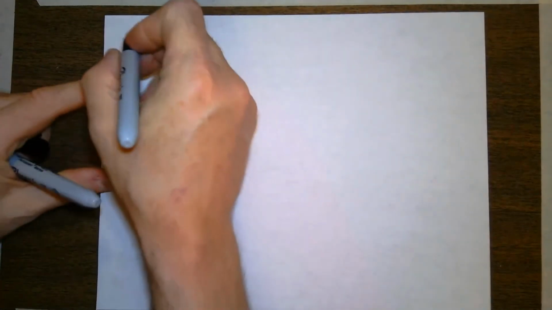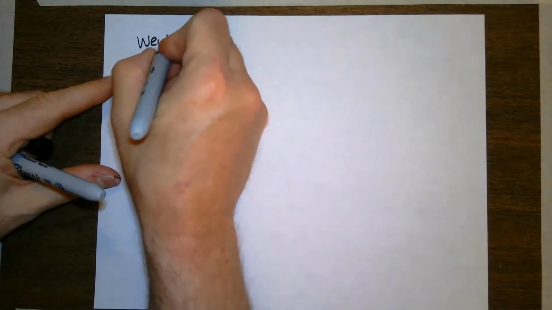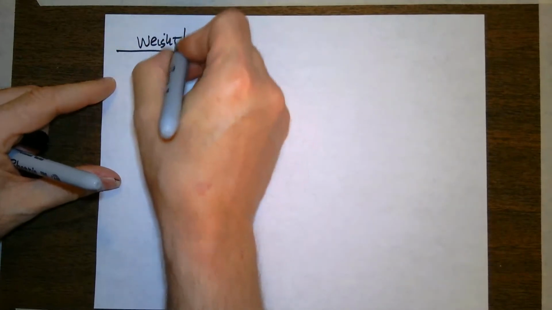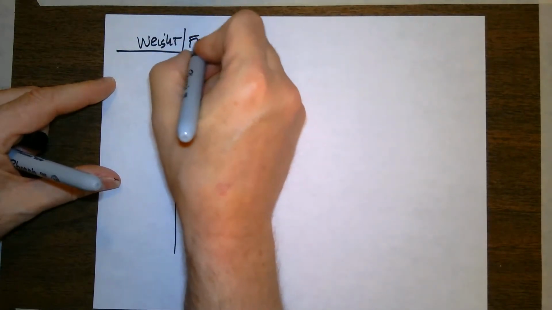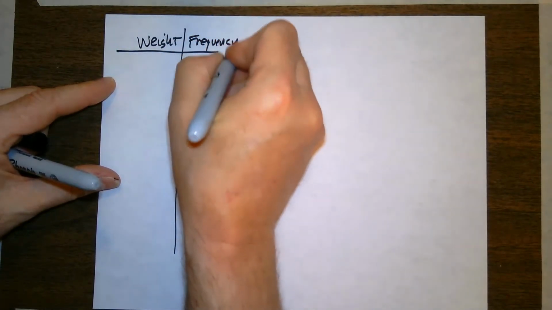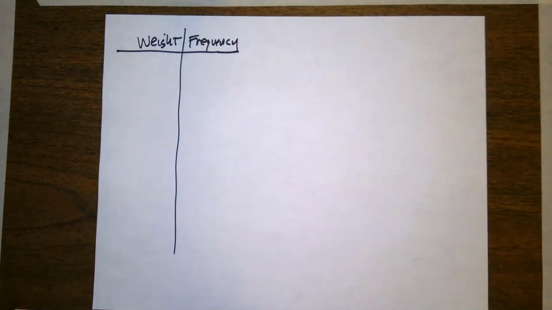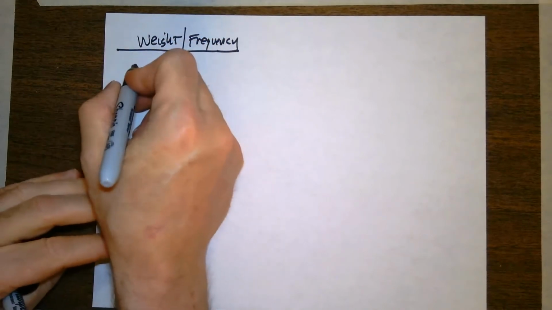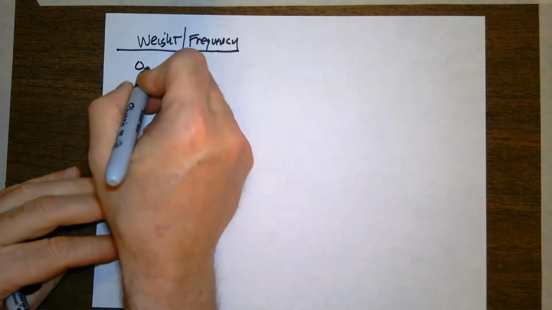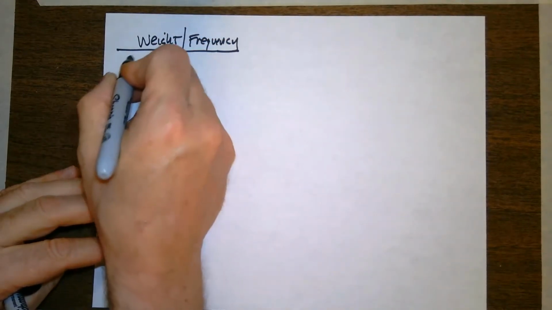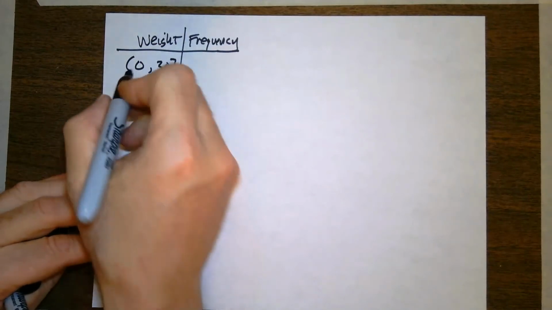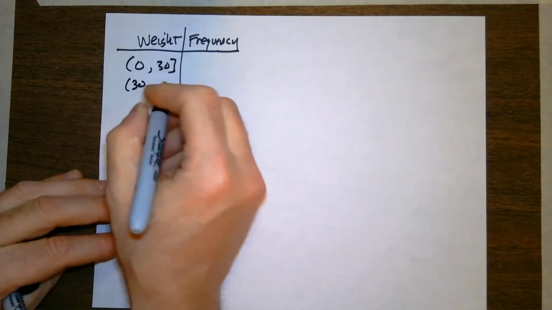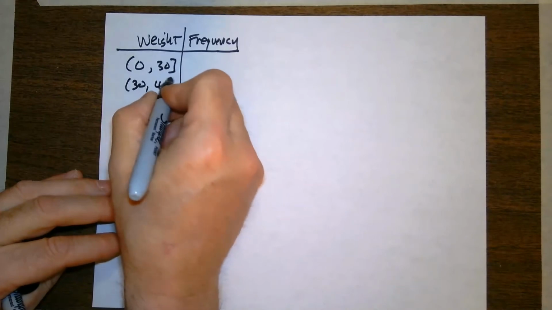So now we're going to look at weight, frequency, and I'm going to change my classes. So in my first class, I noticed there wasn't many between 0 and 30. So in my first class, I'm going to go from 0 to 30, including 30, but not 0. And then I'm going to go from 30 to 40, including 40.